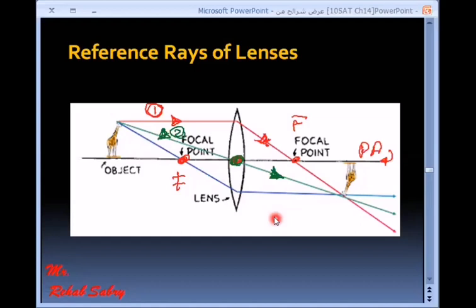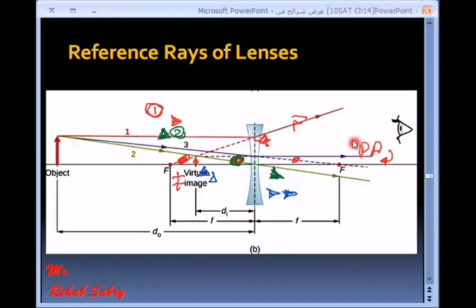They are approximately similar to the cases of the mirrors, except for the one that's passing through the optical center. Whenever they meet each other, the image will be formed as we see. So here the image is inverted, as we explained in mirrors.